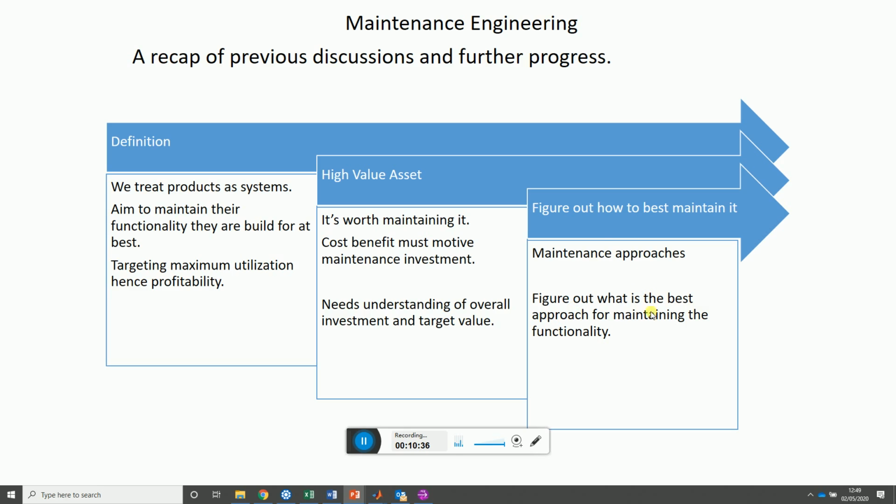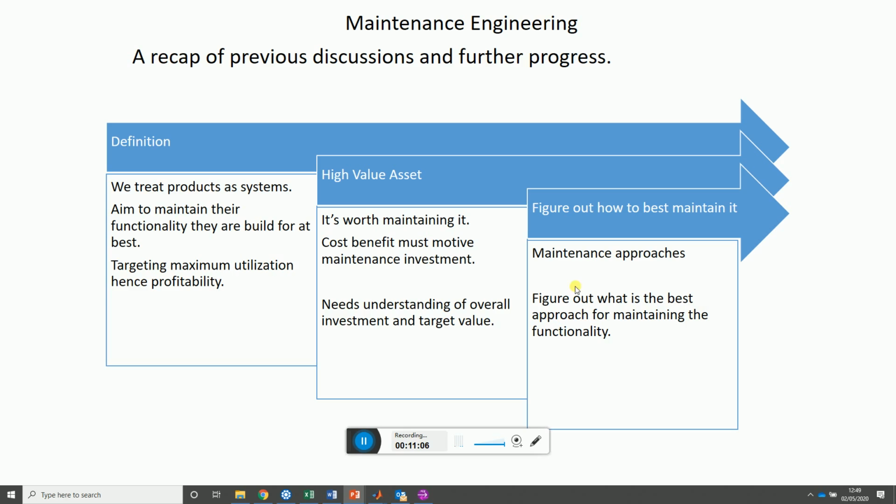Right? How you maintain a car is different from how you maintain, for example, a fighter jet. And how you would want to maintain a fighter jet would be different from how you maintain, for example, a rocket. Right? How you maintain your laptop is different from how you maintain your house. Right? How you maintain your watch is different from how you maintain your clothes.